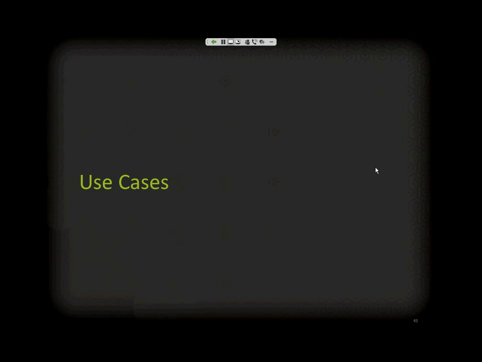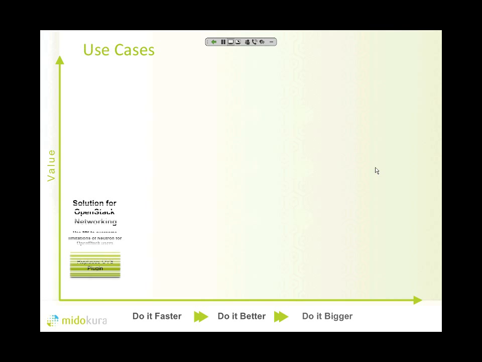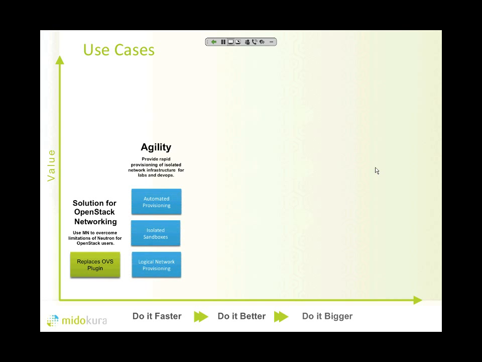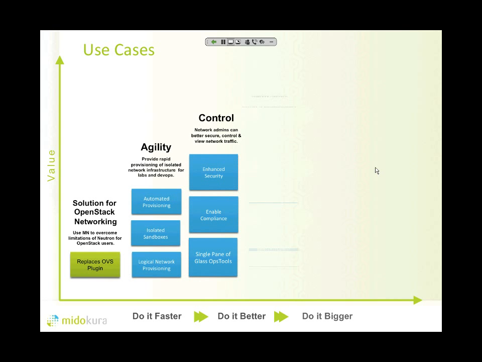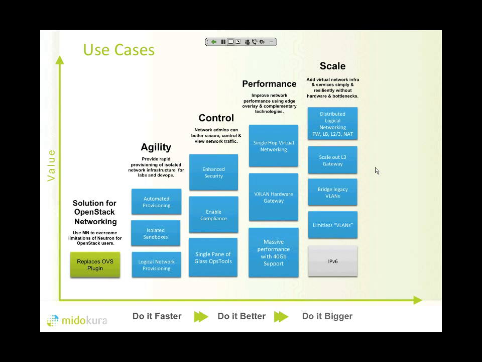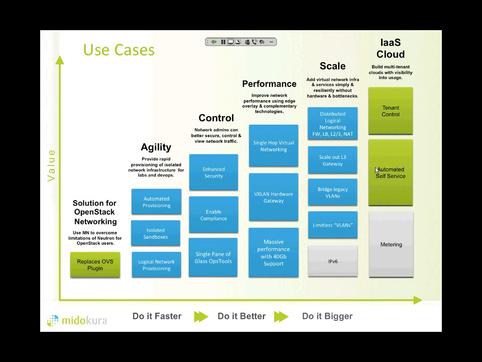Next, I'll talk about some of the use cases that are relevant to our customers and potential customers. So initially, when customers hear about us or come to us, they've tried out the OVS Neutron plugin, and they see the Neutron network node as a single point of failure.